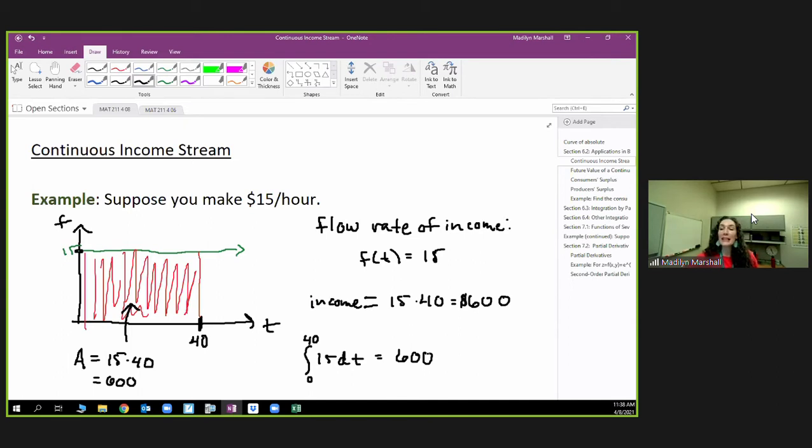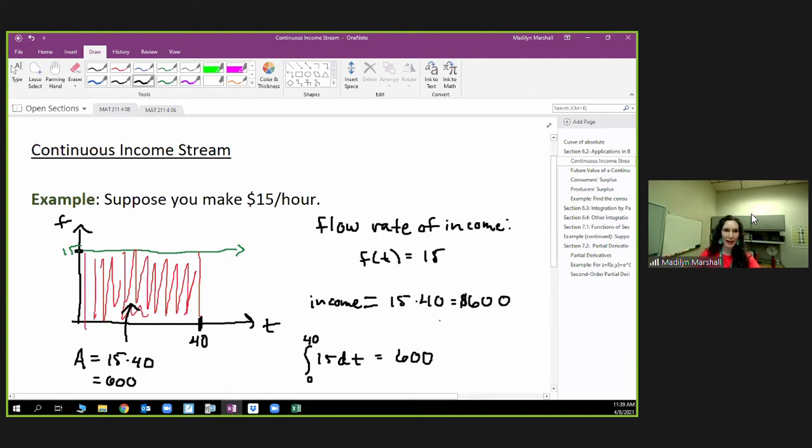So we need calculus if our flow rate is not constant. In this case, we just had a constant flow rate, so we had this nice rectangular shape and we could just multiply the rate times the hours. But what if the income stream is changing over time?